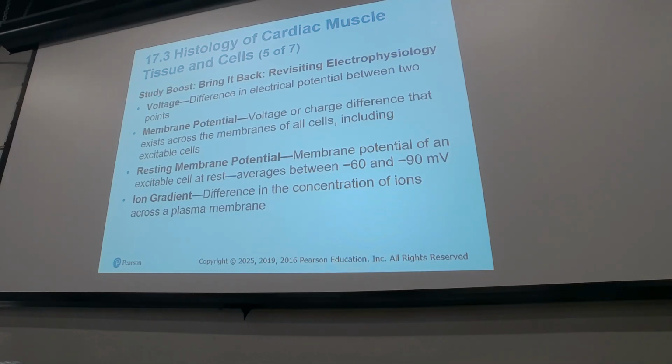And then you have a reversal of this potential when you have an action potential, and then a return to the normal membrane potential that you have when the cells are at rest. And then you have the ion gradients, basically the separation of ions across this membrane that allows the flow of ions in and out of the cells. That is what keeps these cells excitable.